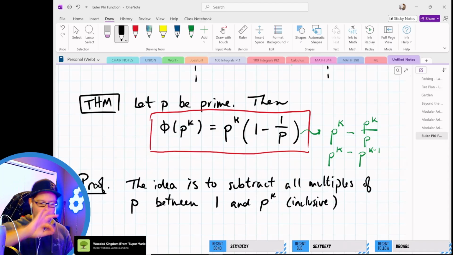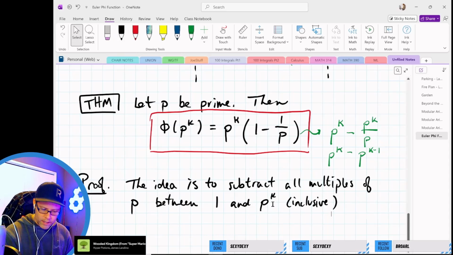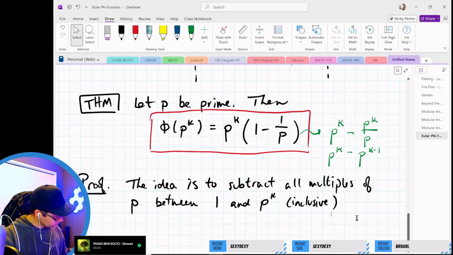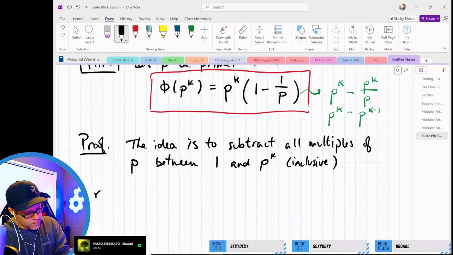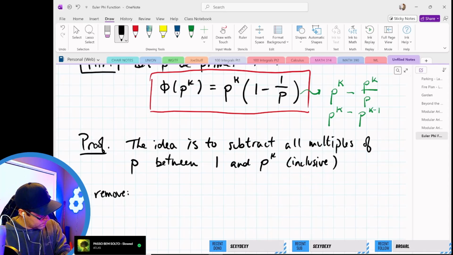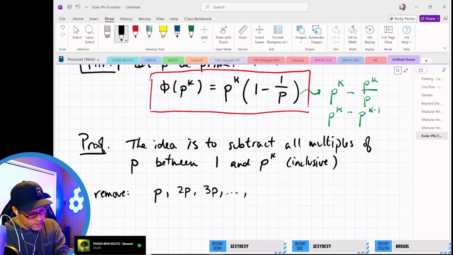We do have to subtract that p to the k term because we don't want to consider that term anyway. So the idea is we need to remove the following. So we need to remove the prime number itself, 2 times that prime number, 3 times that prime number, and we just keep going until we get up to here.